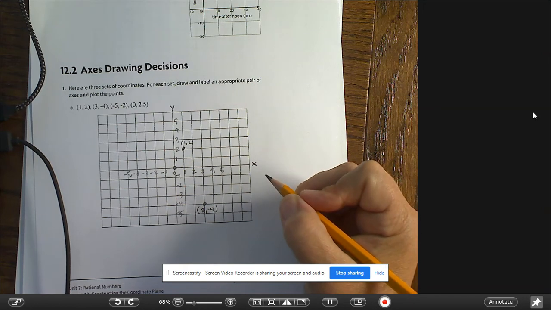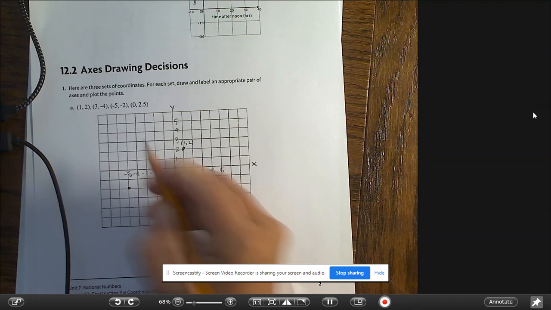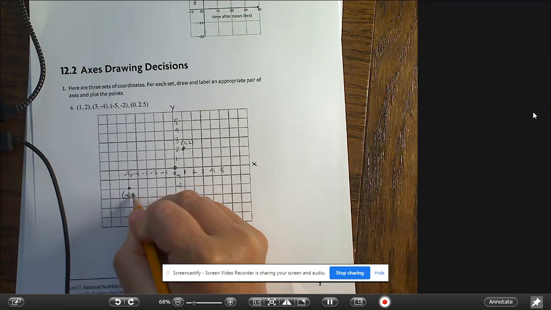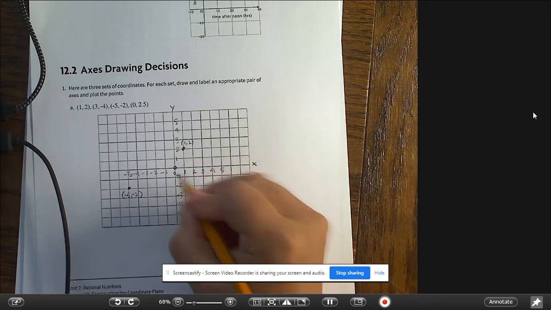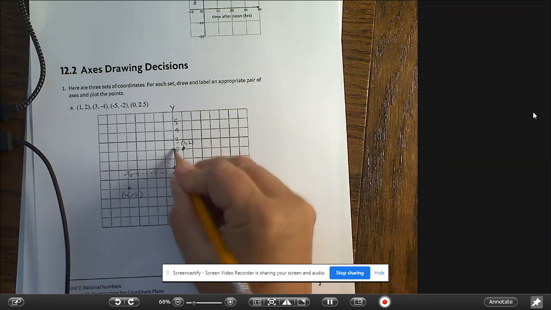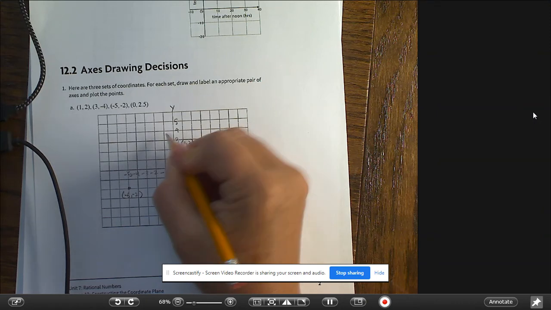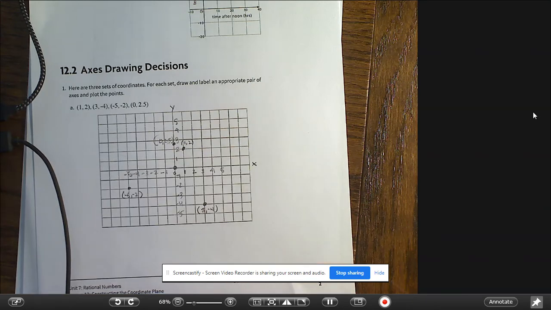And then -5 and -2 is going to be here. And my last one is 0. And the second number is +2.5. So that's going to be (0, 2.5) right there. And that's it for that.